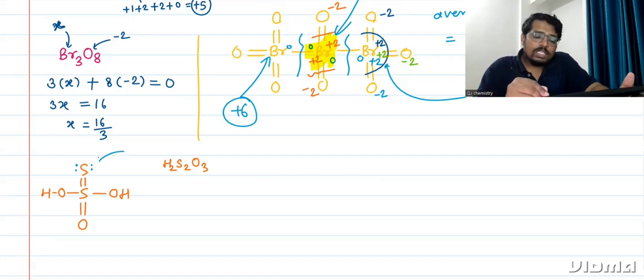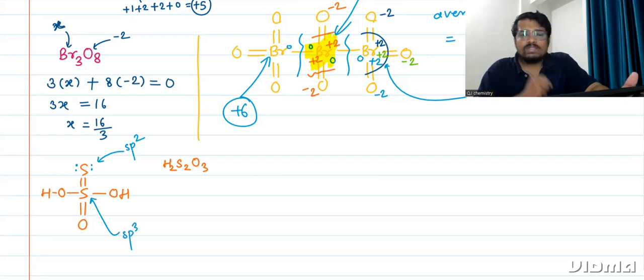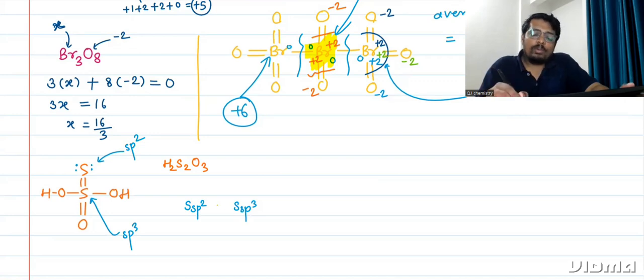This terminal sulfur is present in sp2 hybridized form, while the central sulfur atom is present in sp3 hybridized form. We know that sulfur in sp2 hybridized form is more electronegative than sulfur in sp3 hybridized form.